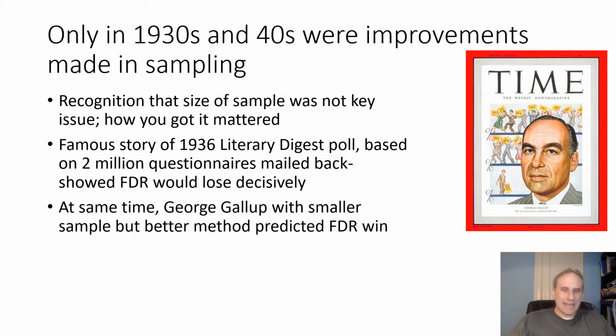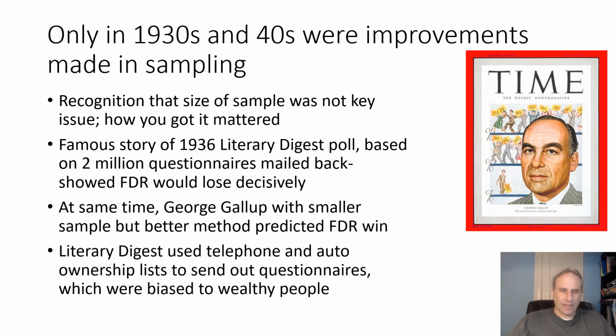Now, at the same time, a young man called George Gallup, you may have heard of the Gallup poll, but nobody had back then, had a smaller sample but had a better method, and he predicted that FDR would win the election. The problem was the Literary Digest used telephones and auto ownership lists to send out their questionnaires.